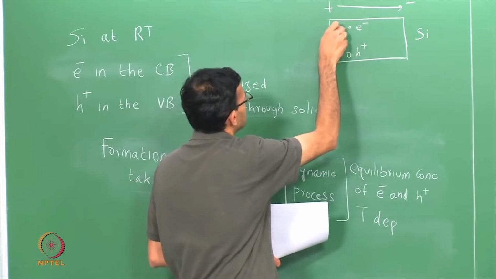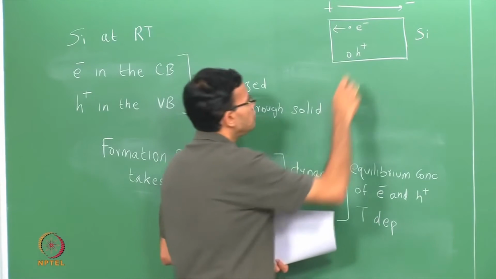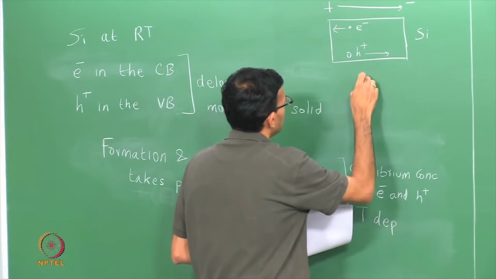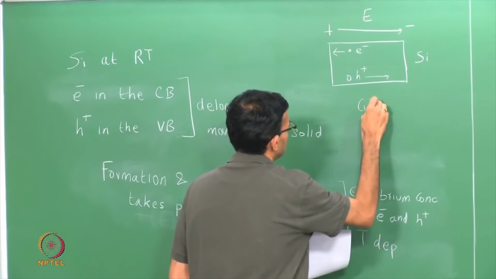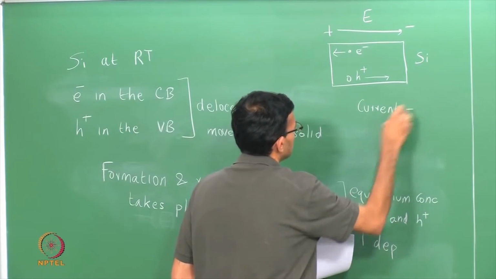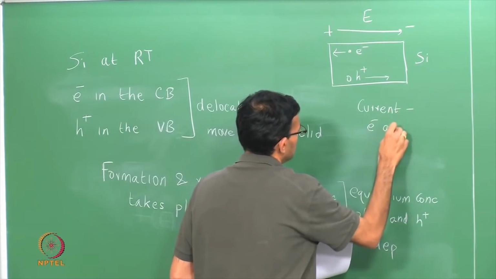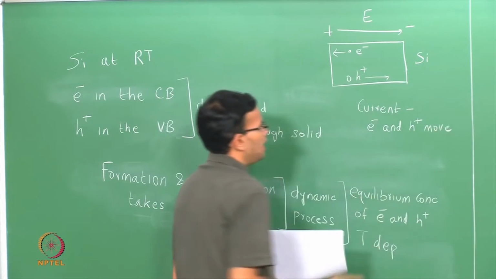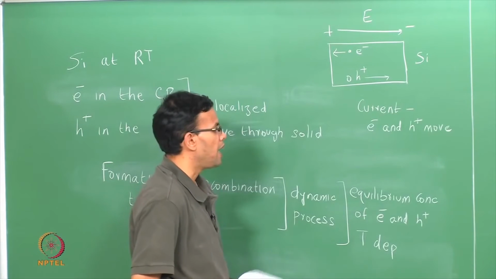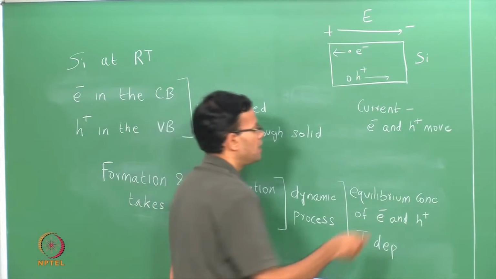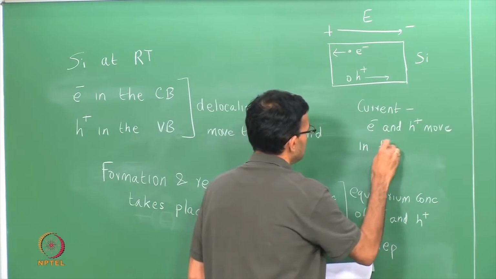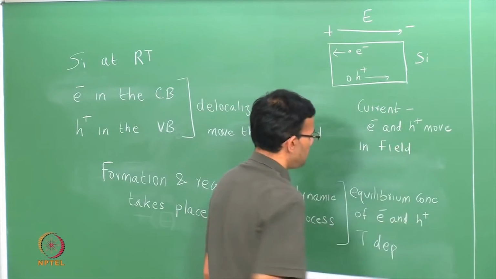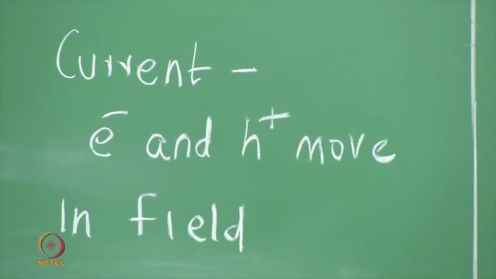Electrons will go in the direction opposite to the field, holes will go in the direction of the field, and finally you will have a current. The current is because the electrons move in the conduction band and the holes move in the valence band. What are the factors on which the current depends on? Let us look at that next.